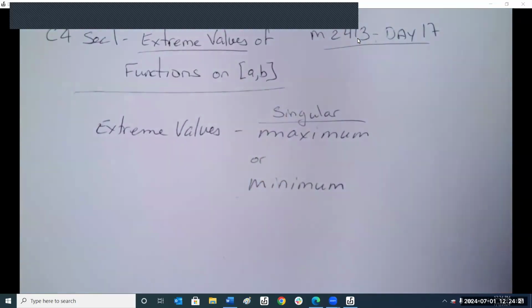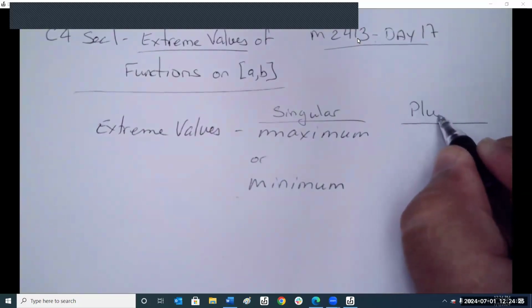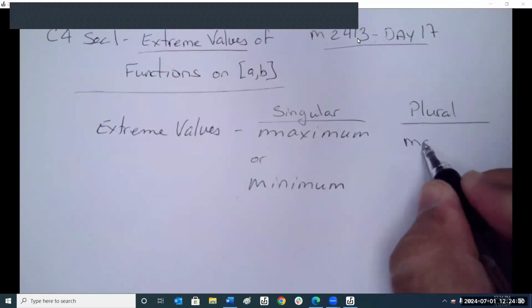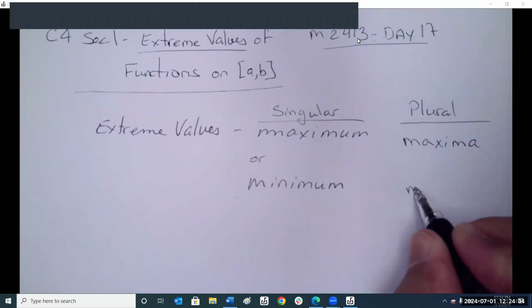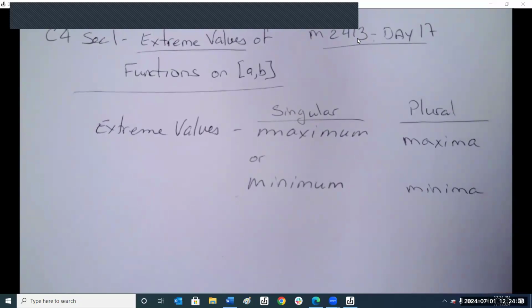That's singular. The plural is maxima and minima.